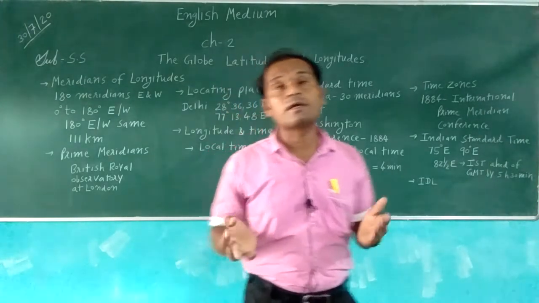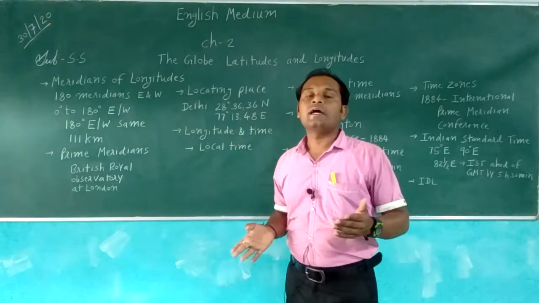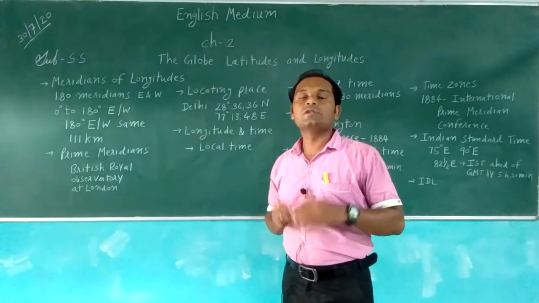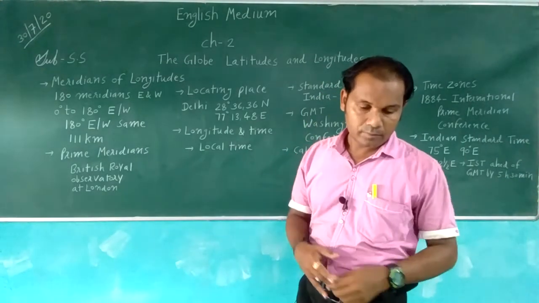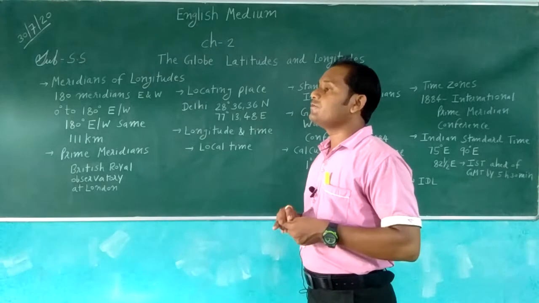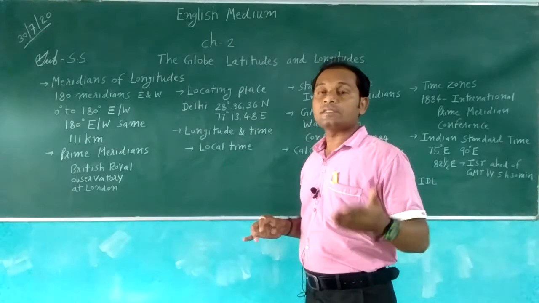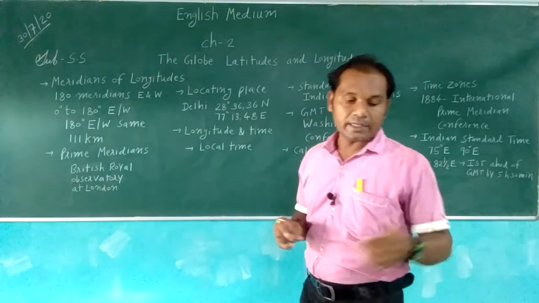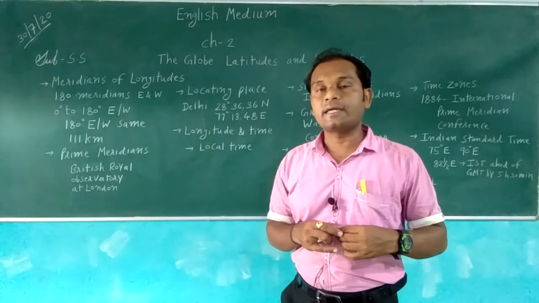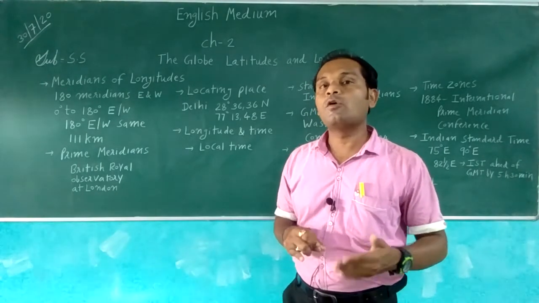So it is easy for roadways, railways, and airways to decide the time. It is called Greenwich Meridian Time. It is the standard unit of time, which will be followed by the whole country.